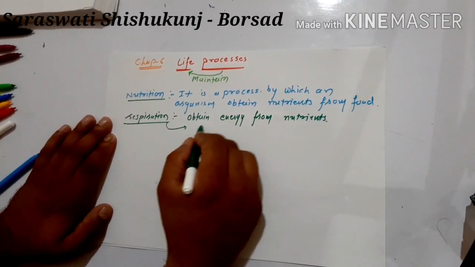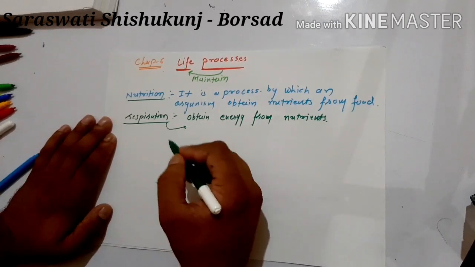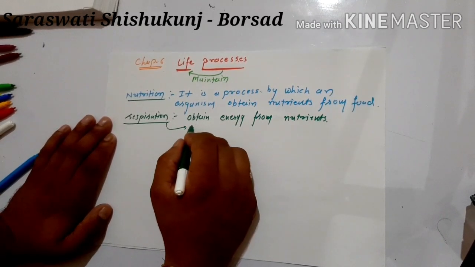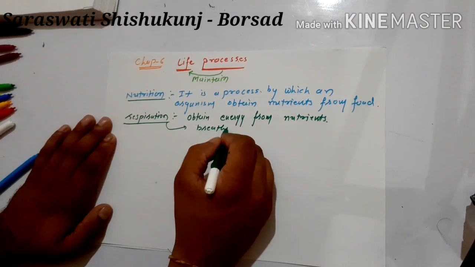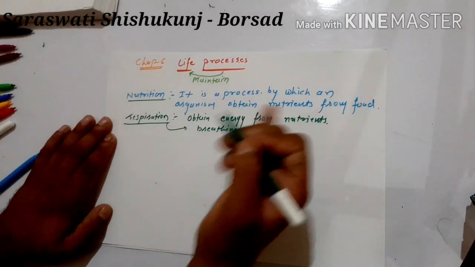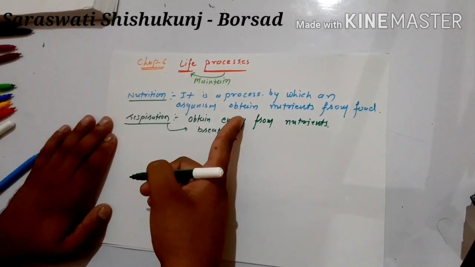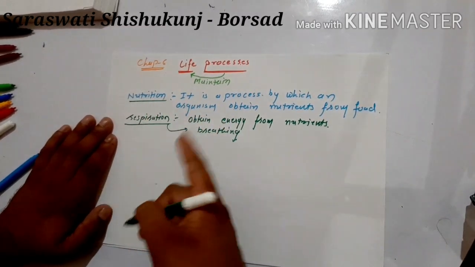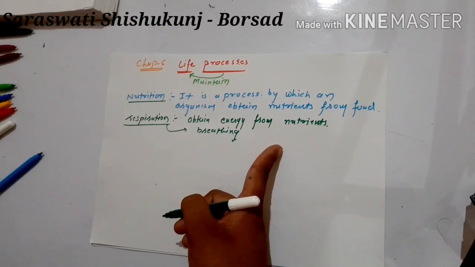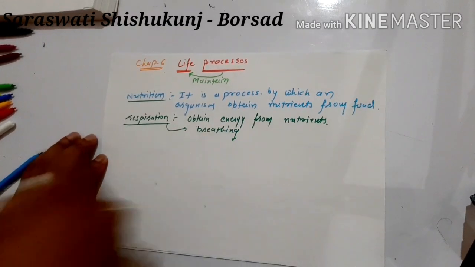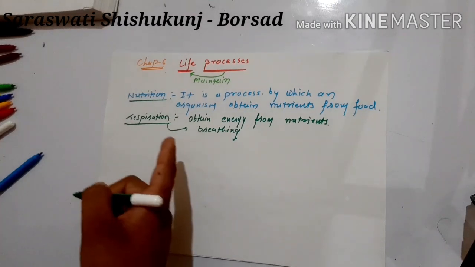And in this, our breathing process is one of the parts of respiration. So first we will obtain the nutrients, that is our nutrition. Then the obtained nutrients will be used to obtain energy, that will be considered as our respiration.